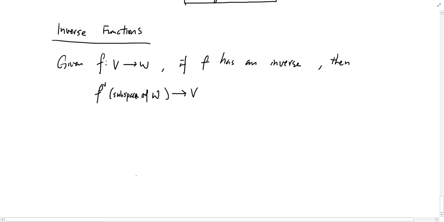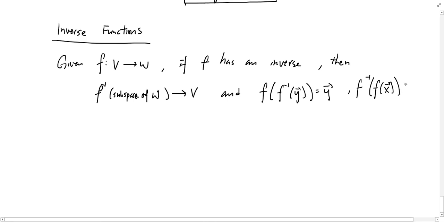That's why you only form a subspace. Also, this is true: if you take the function f and put in f inverse of, let's say, the output of f, then you just get the output of f. And if you take f inverse of f of vector x, then you just get vector x.